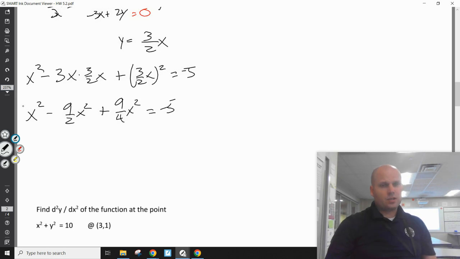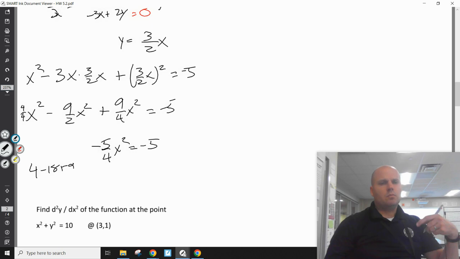This is 4/4, 18/4, 9/4. So -9/4 x squared equals -5. Multiplied by 4 divided by -5, I get x squared equals 4. I get x equals plus or minus 2.